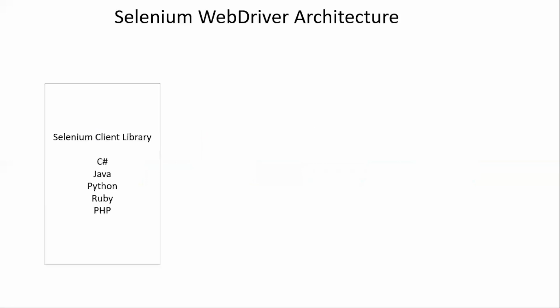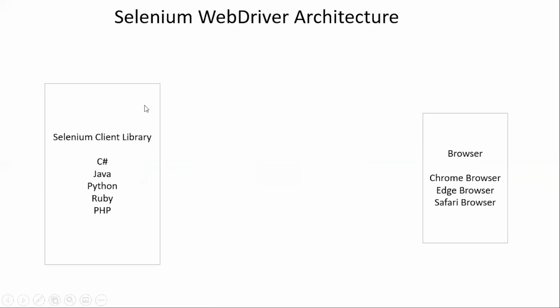Now, whatever code you write using the Selenium client library, which I'll show you how to download and use, is meant to automate browsers. But there is no direct communication between this code and your browser. Rather, an intermediate is required, and that intermediate is nothing but the browser drivers.